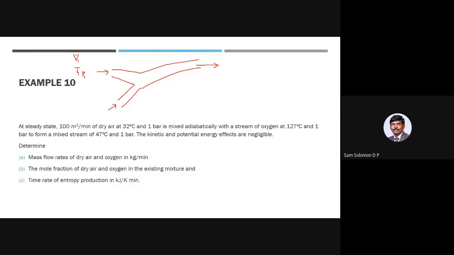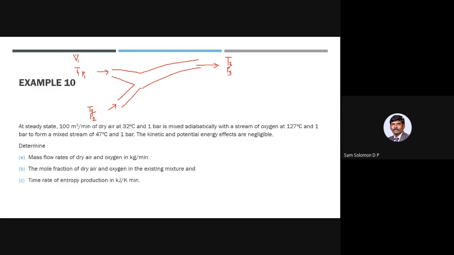So this is for dry air. And then they are giving the temperature of oxygen. So let me say T2, and the pressure of oxygen, which is maintained at 1 bar. So the pressure remains the same here for all the three. Okay, so this adiabatic mixing is taking place at constant pressure. So you have the final temperature and you have the final pressure.